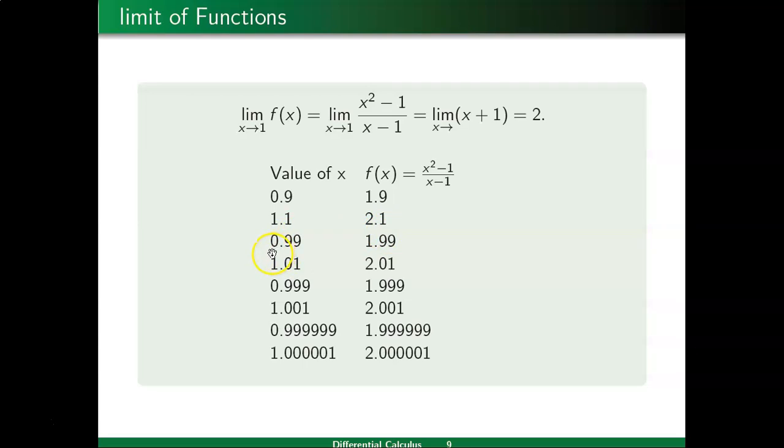When the value of x is 0.99, the value of f(x) comes out to be 1.99, and so on. Now look at this table carefully. What is happening here is that the closer x gets to 1, the closer f(x) = (x² − 1)/(x − 1) seems to get to 2.